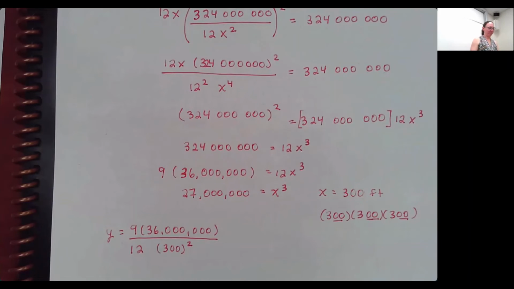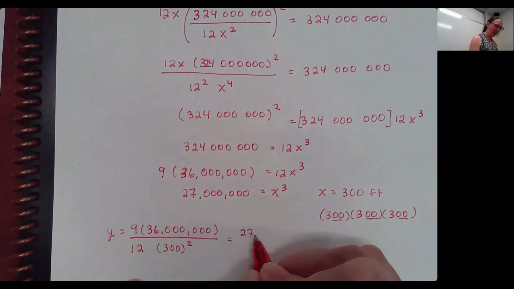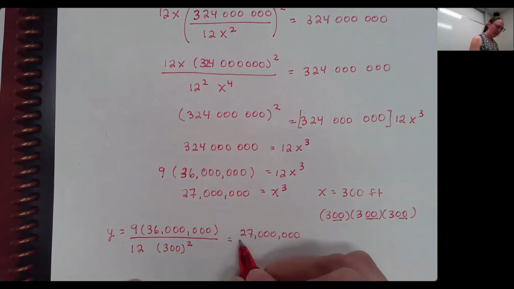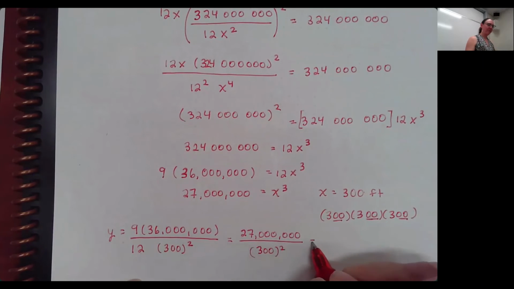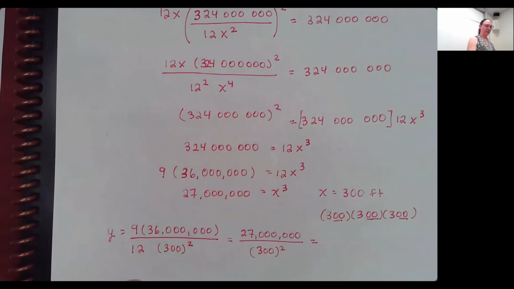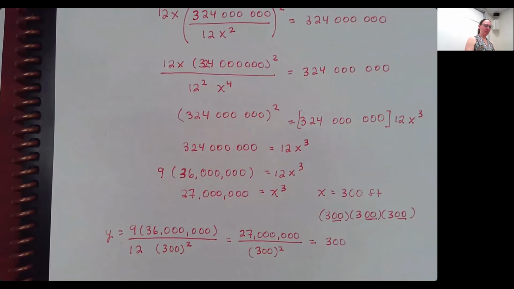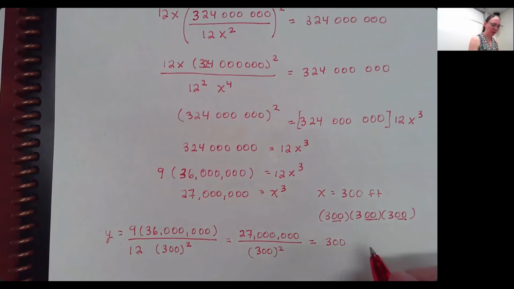And if we work out those numbers, I know the 36 divided by 12 takes me back down to 3 million. 9 times 3 million takes us up to 27 million. And if I'm dividing that by 300 squared, I think I'm going to get back 300. Because the top should be 300 cubed, and the bottom is 300 squared. So I'm going to get 300 feet there.